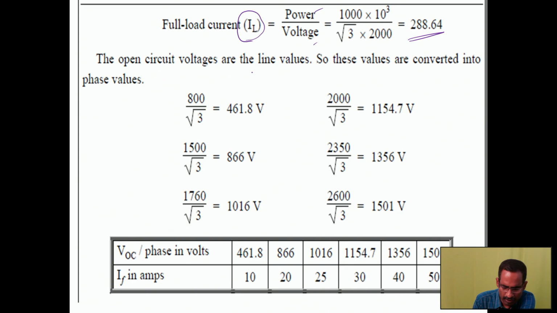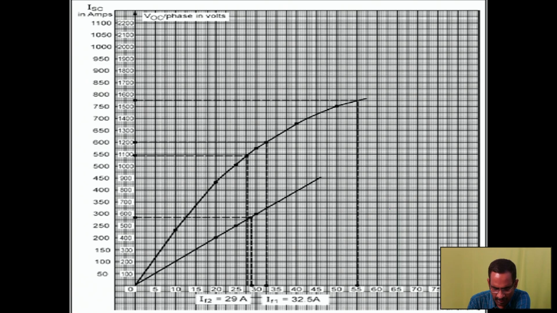Then all the open circuit values are line quantities, so convert them into phase values. By using these per phase voltages, we will be drawing the graph. It is our OCC graph.